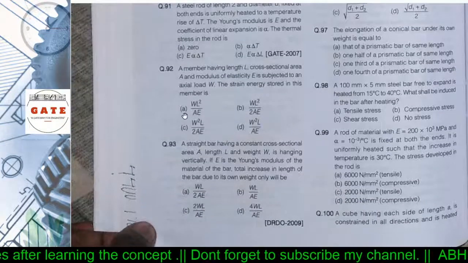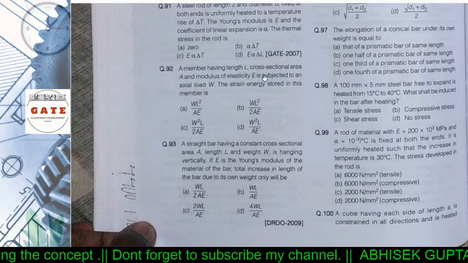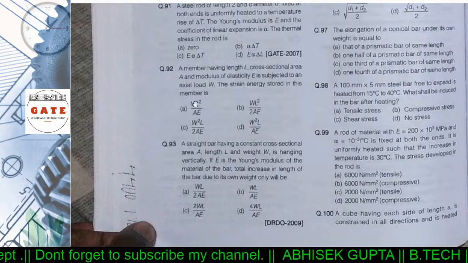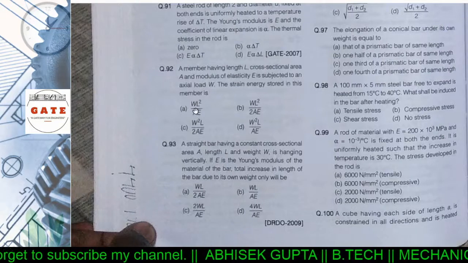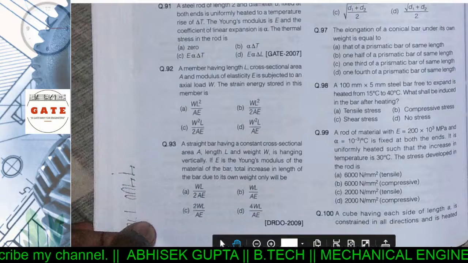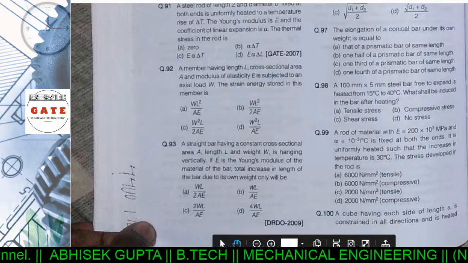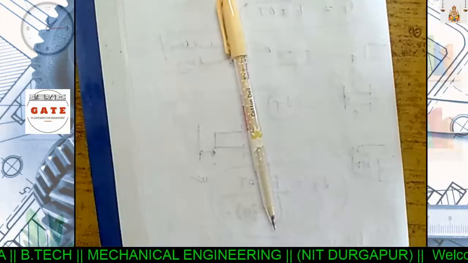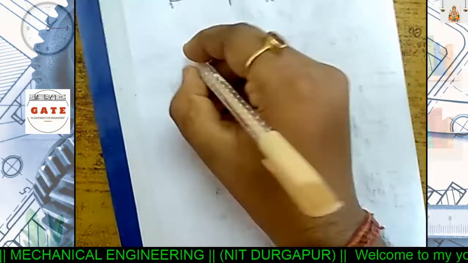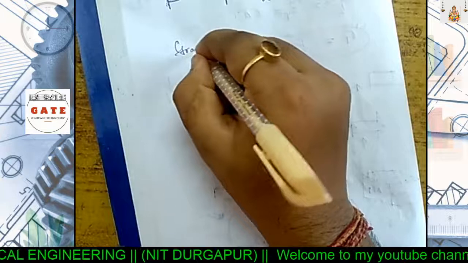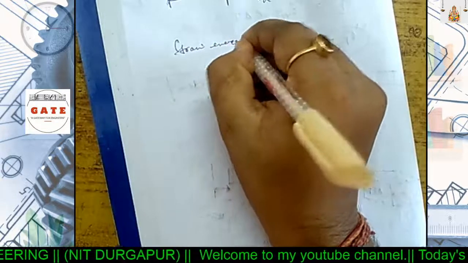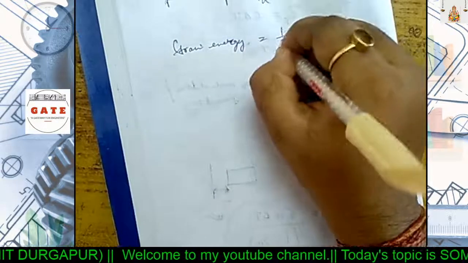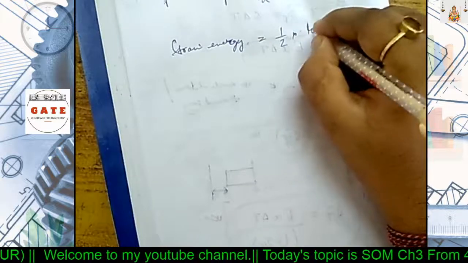Again, another formula based question. A member having length L, cross section A, modulus E, the strain energy. Let me give you the formula of strain energy. Strain energy formula is half into load into deformation.